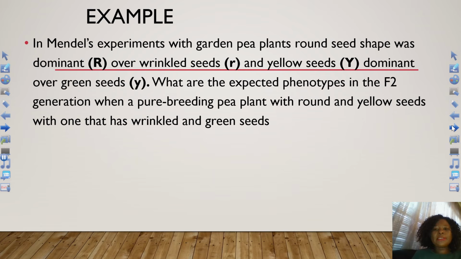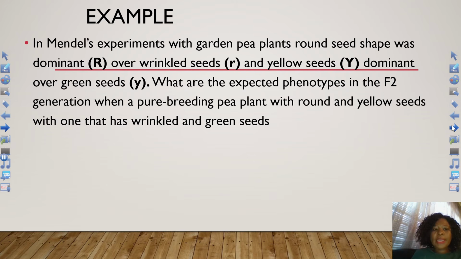In seed shape, there were two variants where the seeds could be round or they could be wrinkled. And we saw that the round seed shape was dominant.